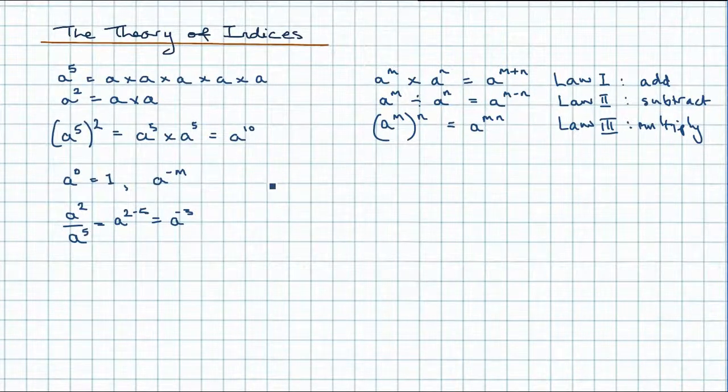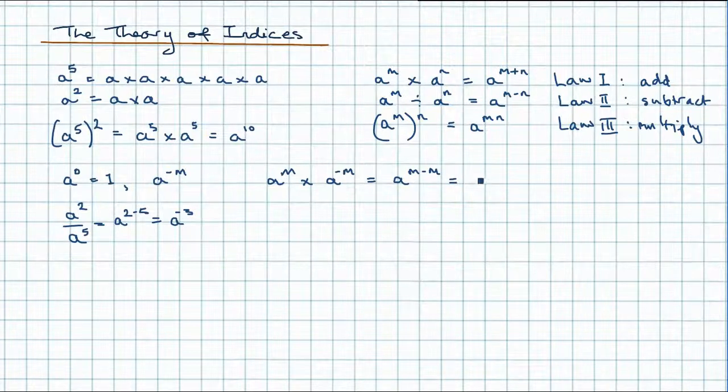Well, here, if we remember with our algebra, we had a to the power m times a to the power, this time, minus m. By the first law of indices, we simply add the powers. So what would this be? This would be a to the power m plus minus m, or a to the power m minus m.